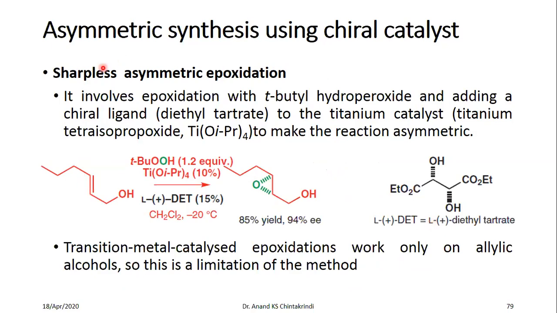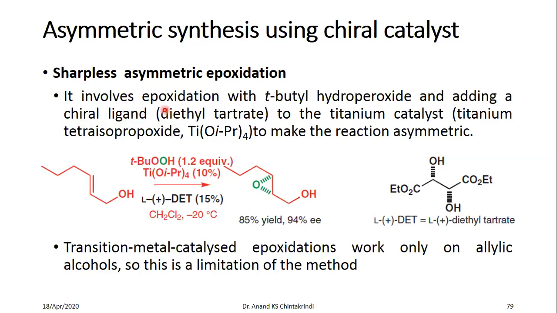So this involves epoxidation with tertiary butyl hydroperoxide. What is the peroxide source here? This is the peroxide source, tertiary butyl hydroperoxide. And you need to add a chiral ligand, if you have to have a specific enantiomer or a specific orientation of that epoxide ring being formed.